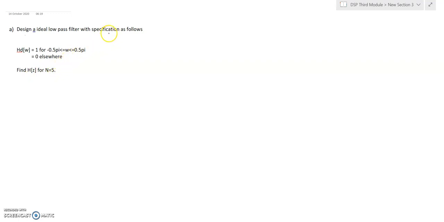So when we design a digital filter, the ultimate aim is to find the transfer function of that system. I think in the previous video I already mentioned transfer function. What is the transfer function? It is the ratio Y of z by X of z, and it is that property of the system which defines the output, or rather it is the z transform of h of n, the impulse response of the system.